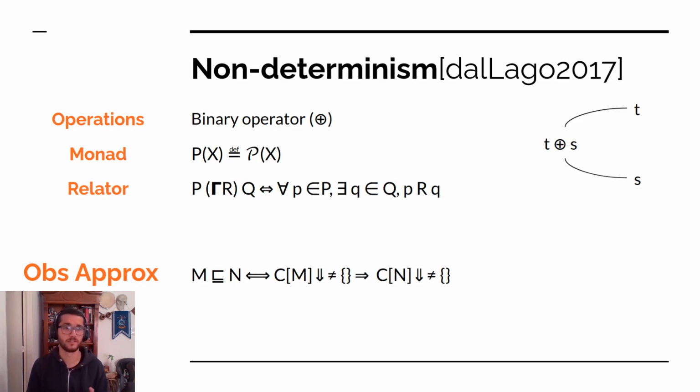We can use a relator that is simply the intuitive extension of a relation from elements to sets of elements. Unfolding the definition of observational approximation, we have that M is approximated by N if and only if in any context where M terminates, N also does. Note that in this case, divergence is represented as the empty set, meaning that the evaluation of a term does not reach any value.